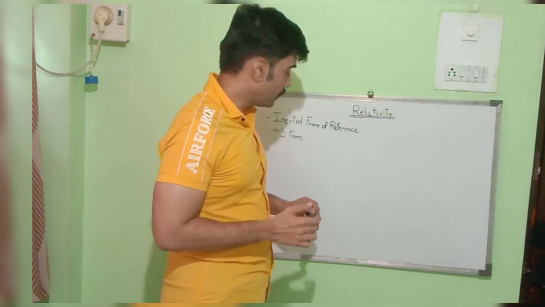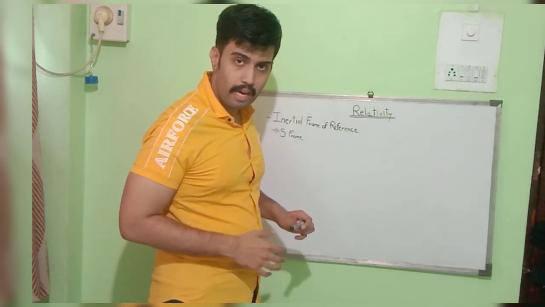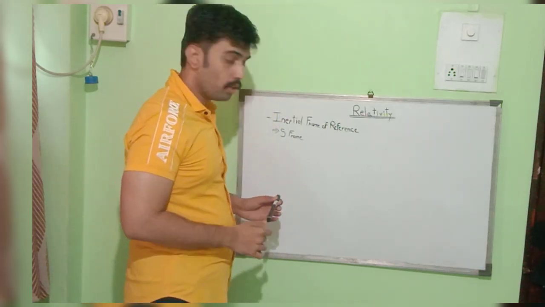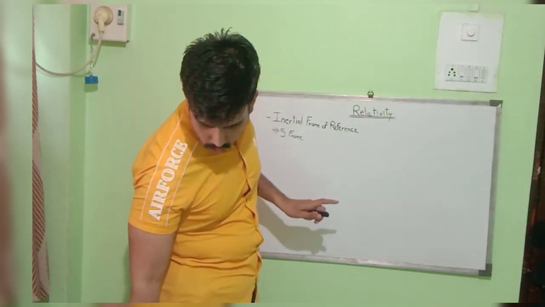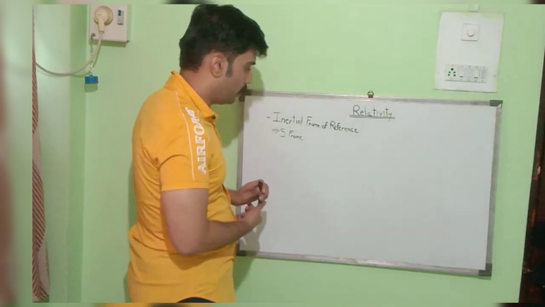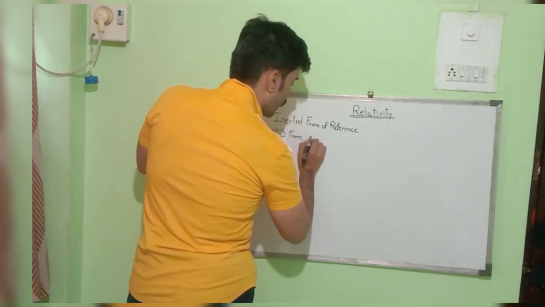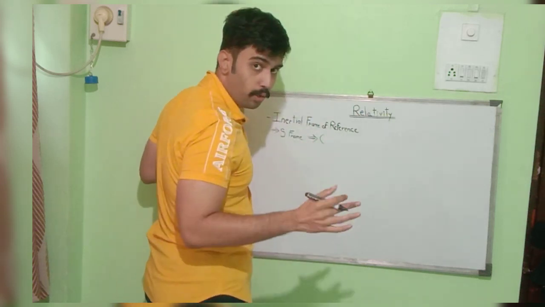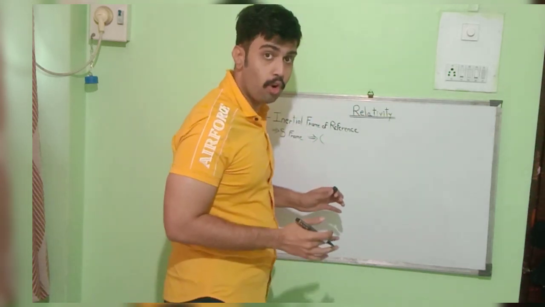S frame means the inertial frame in which we are standing, and here we think that everything is stable. And here we want to define exactly where I am standing.